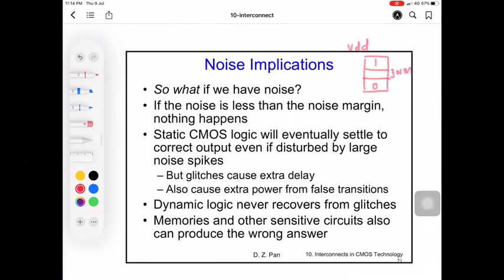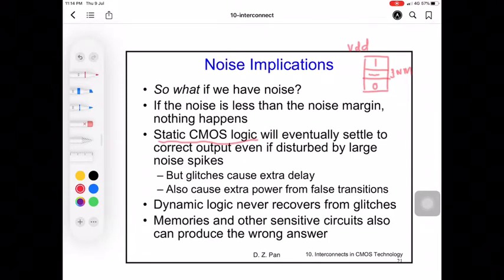This is considered as logic level 1 and this is considered as logic level low. So if noise is less than the noise margin, then it is okay. The noise is within here. And if you have static CMOS logic, it is okay. It can remove the noise by connecting it to VDD and ground.